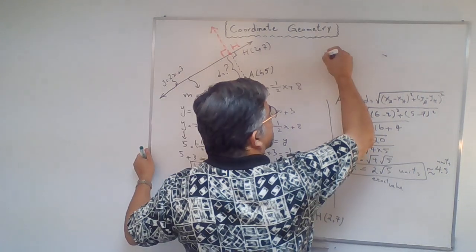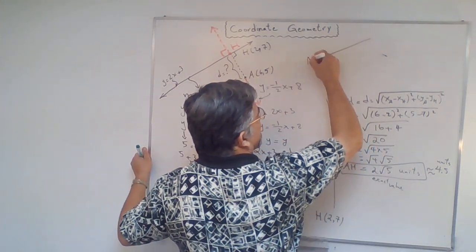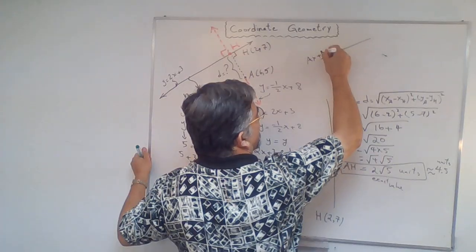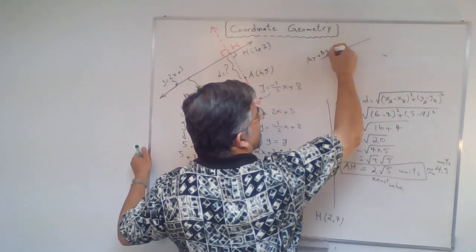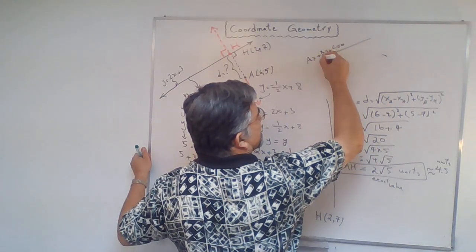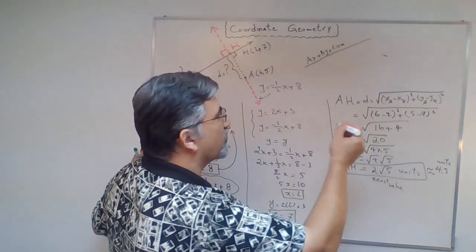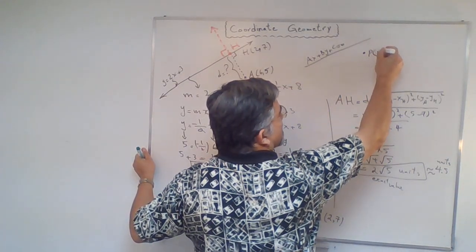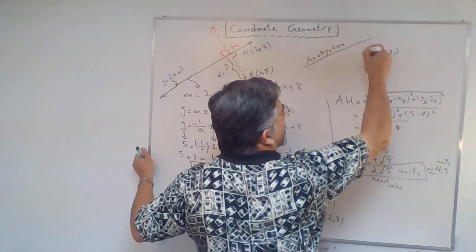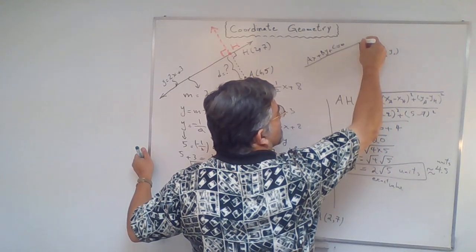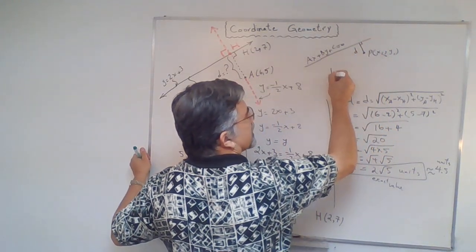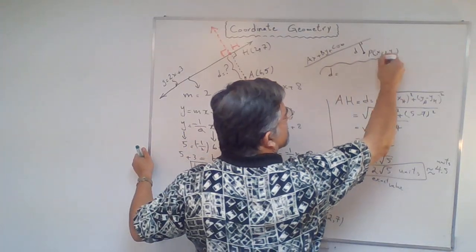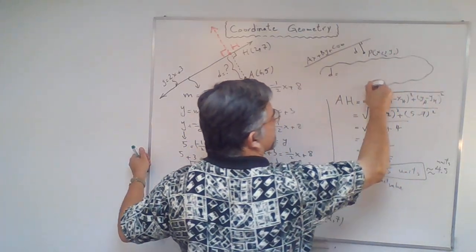So if you have a line, just like we did, ax plus by plus c equals 0 is the equation of this line in standard form. And if you have a point outside, let's say point P, with coordinates of x1 and y1, that distance d can be found by some sort of magic formula.